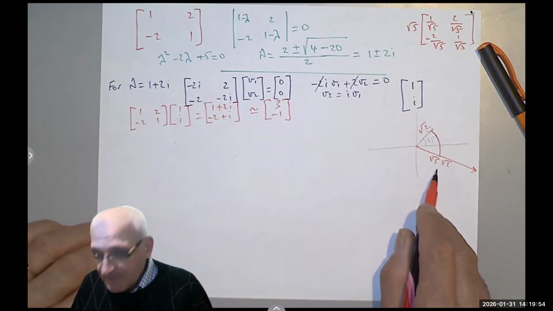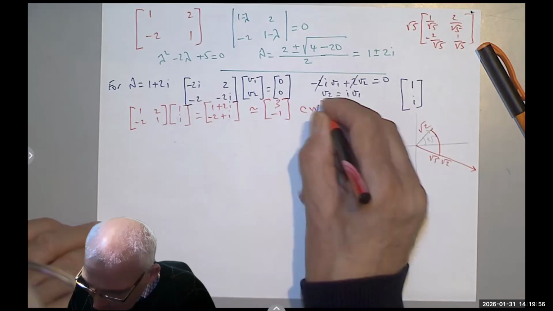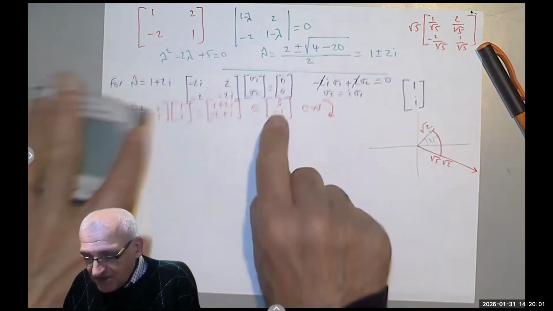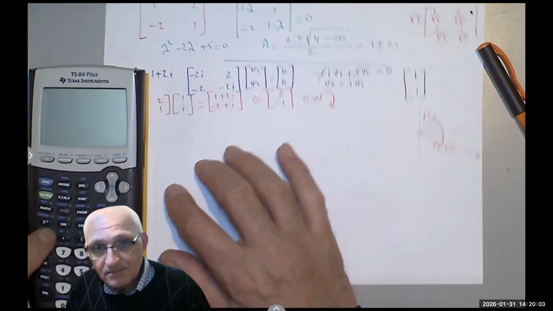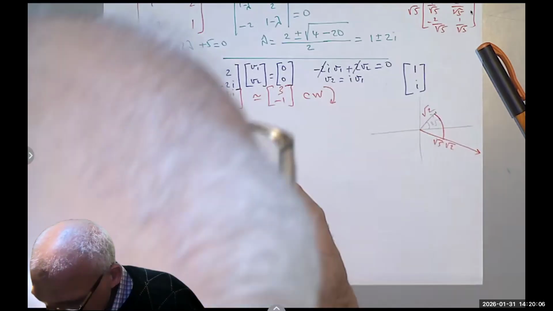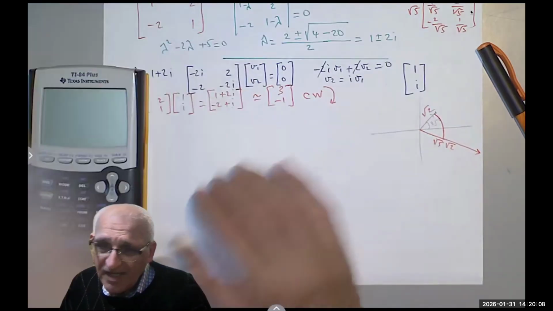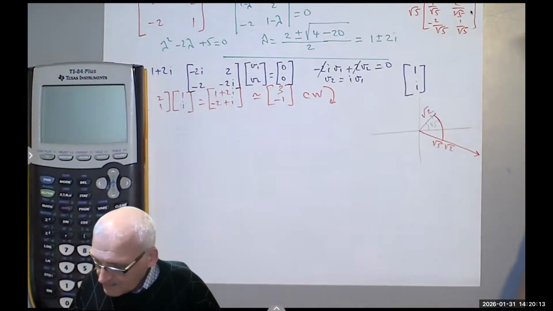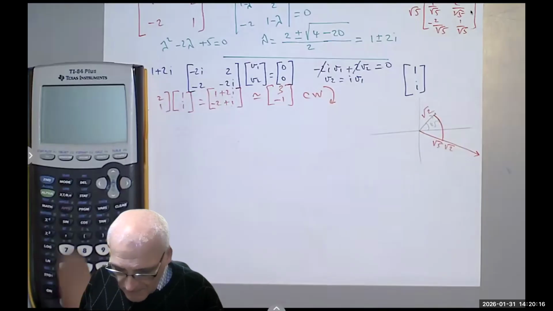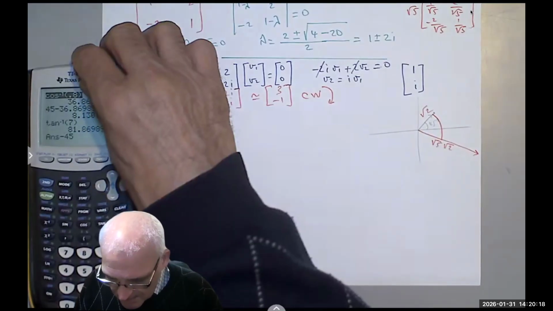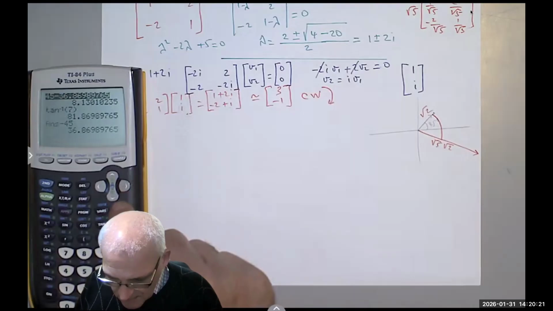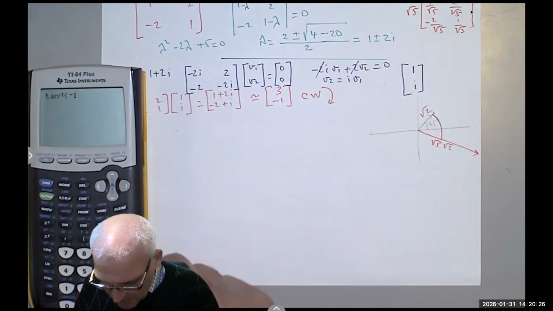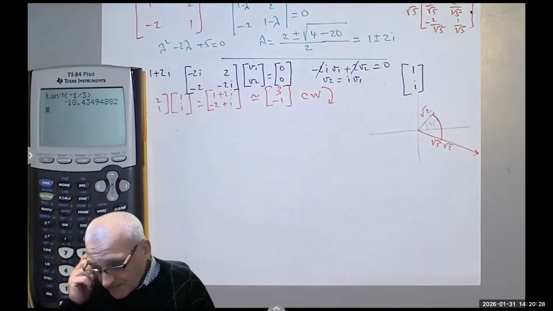But at the same time, it had a clockwise rotation through an angle whose tangent is 1/3, or negative 1/3, right? So what is the angle? Arctan is negative 1/3, or just 1/3 as a magnitude.